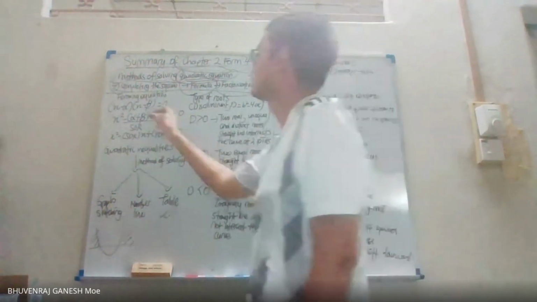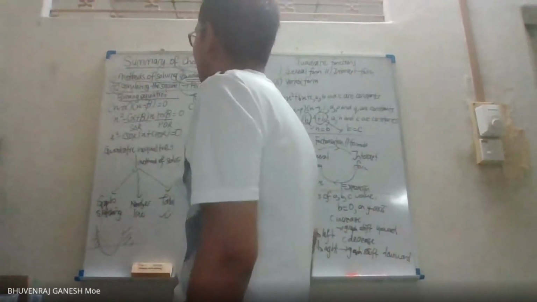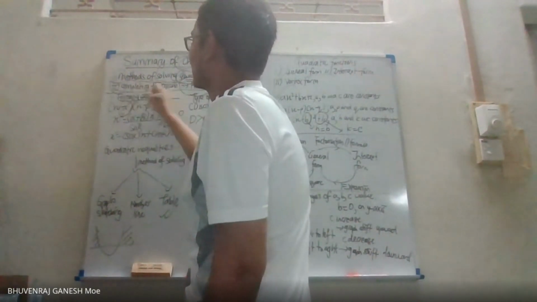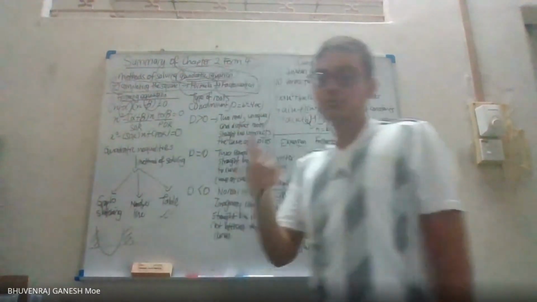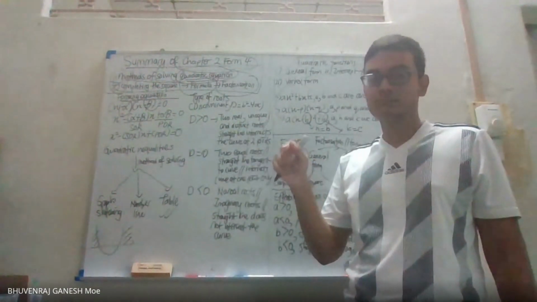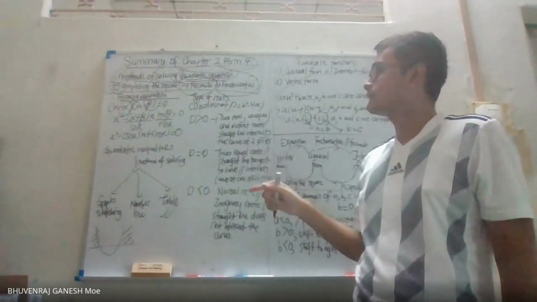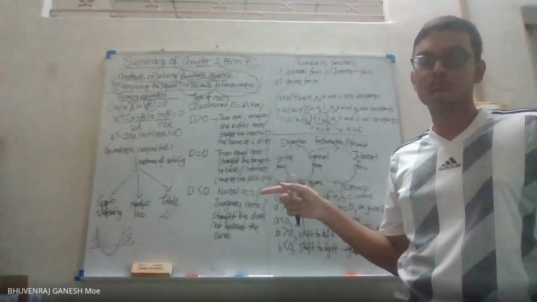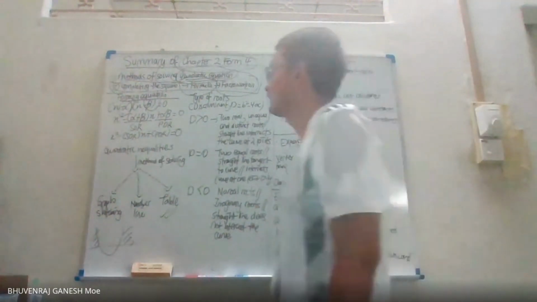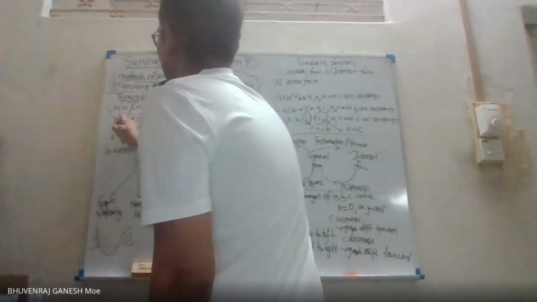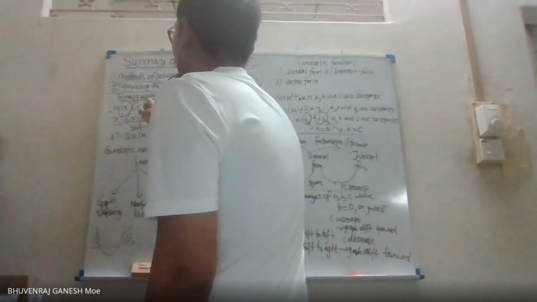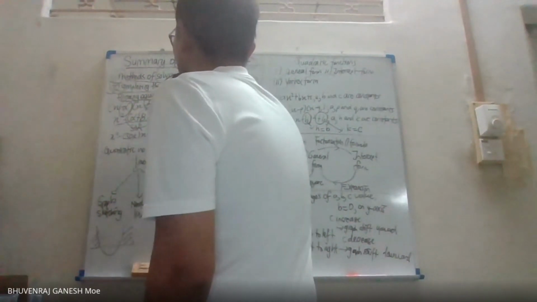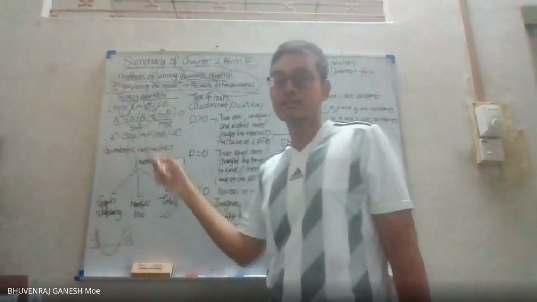Now, forming equations. Let's say we have roots alpha and beta. The formula is (x minus alpha)(x minus beta) equals 0, something like your intercept form, (x minus p)(x minus q) equals 0. When you expand this, you get x squared minus (alpha plus beta)x plus alpha beta equals 0.